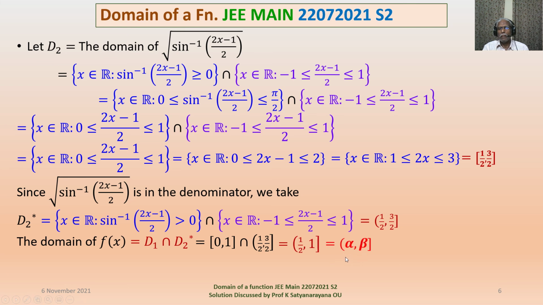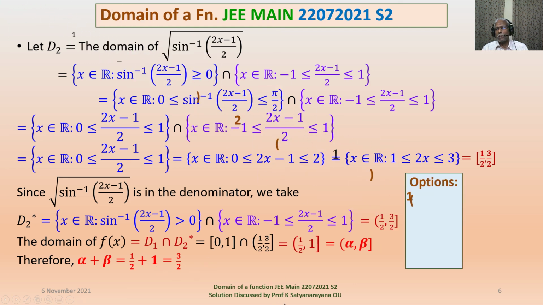It is given as semi-open interval alpha to beta, open at alpha and closed at beta, so alpha is 1 by 2 and beta is 1. What is asked is alpha plus beta, that is 1 by 2 plus 1, that is 3 by 2.